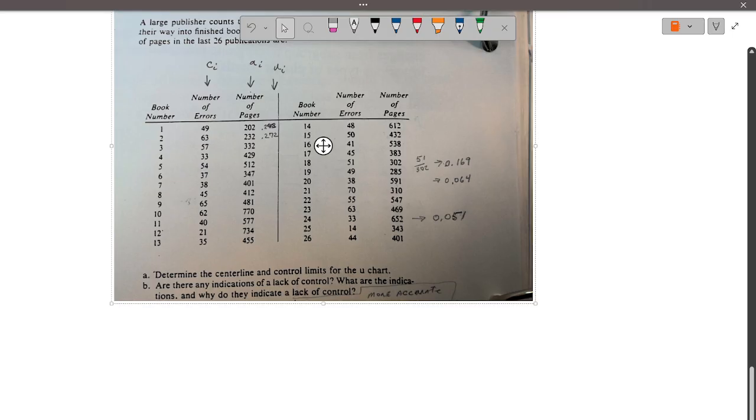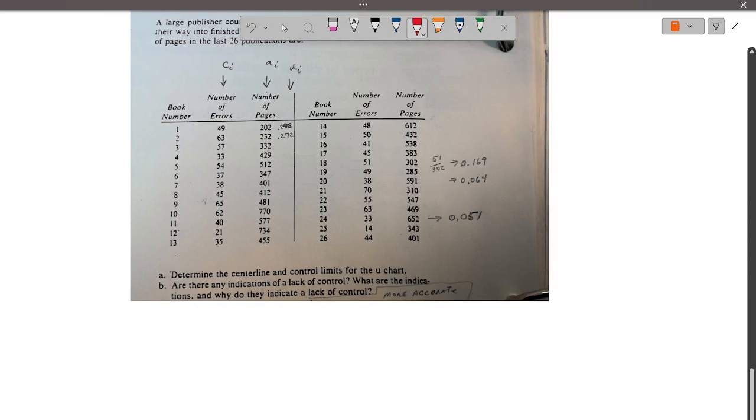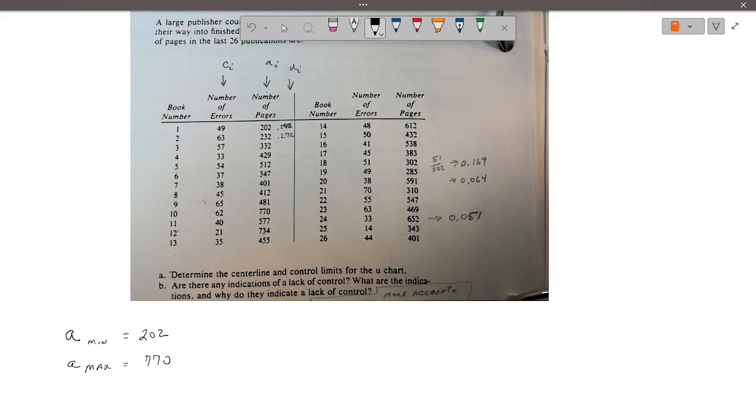Okay. All right. So if I take a look at, let's go back to black. Thank you. Take a look at A. So the minimum area of opportunity was 202. The area of opportunity for the max was 770 pages with an average area of opportunity about 452.